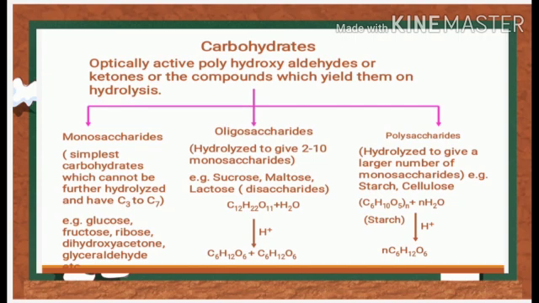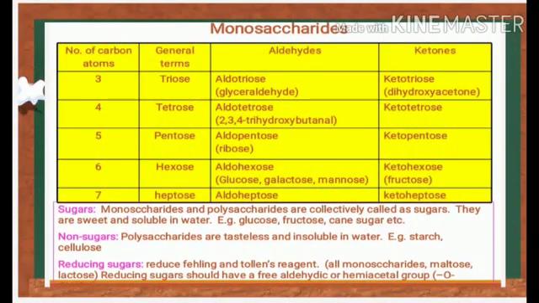These are the carbohydrates which are polymeric and can be hydrolyzed to give a large number of monosaccharide units. The common examples are cellulose, starch, glycogen, etc. These get hydrolyzed to give monosaccharides. Now, let's talk about monosaccharides.